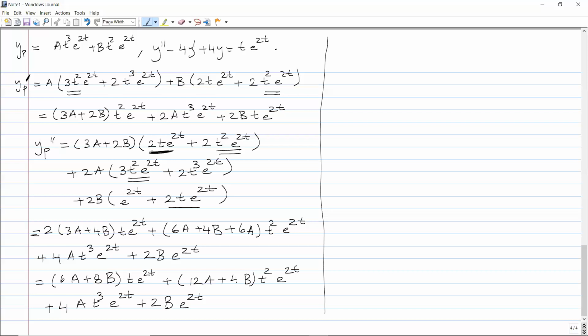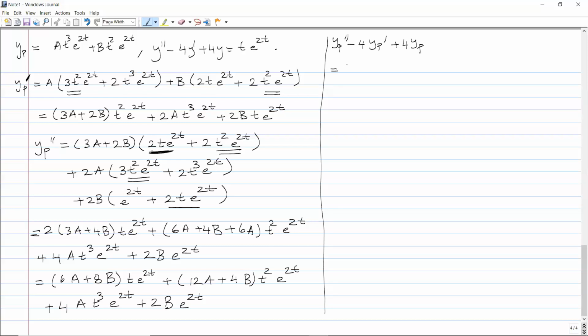So let's be careful. For the left side of our equation, I need to compute the second derivative of yp minus 4 times the first derivative plus 4 times the function yp itself.